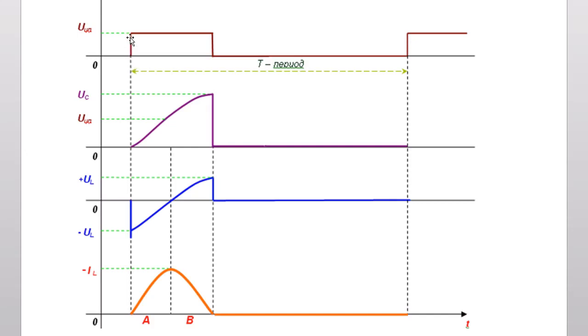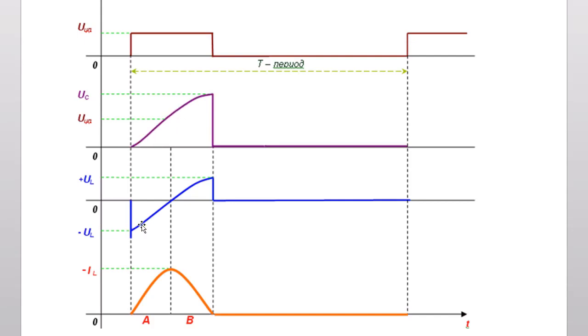So here is the closing, the time of closure, the opening. Next is the capacitor charging curve. You can see UAP, the voltage of the source, and you can see that the capacitor is charging to double the voltage.